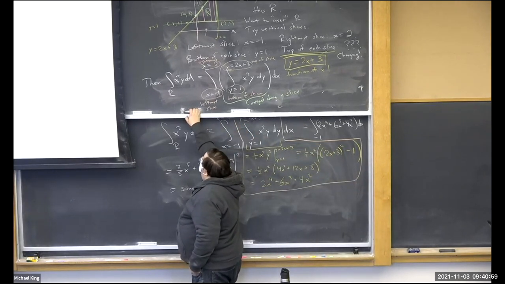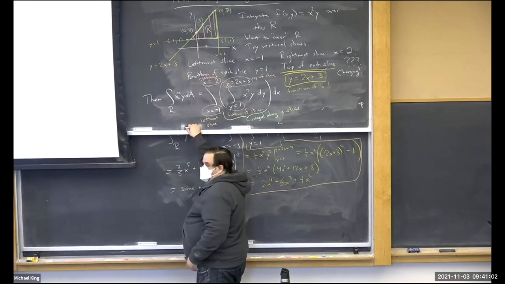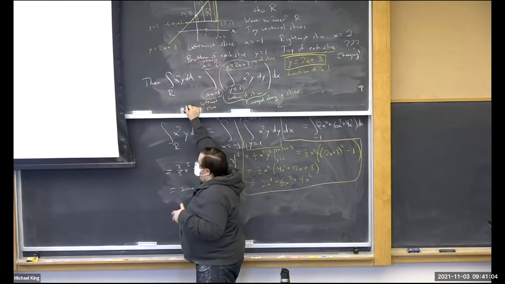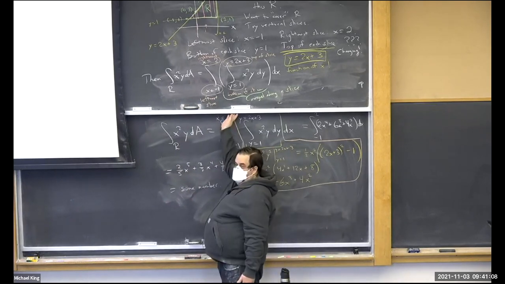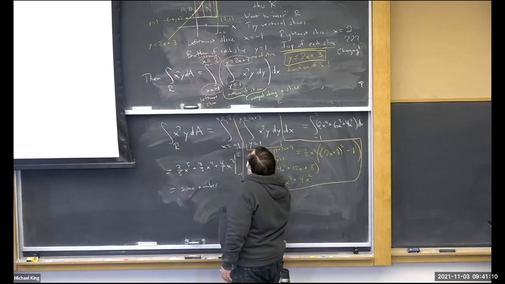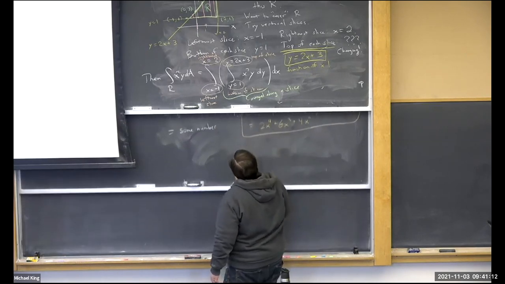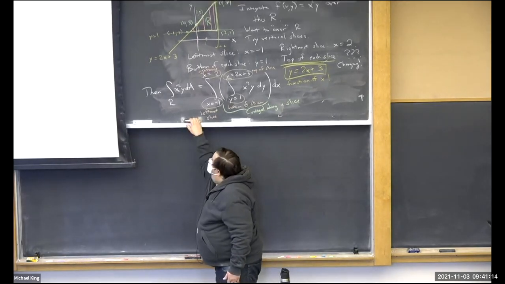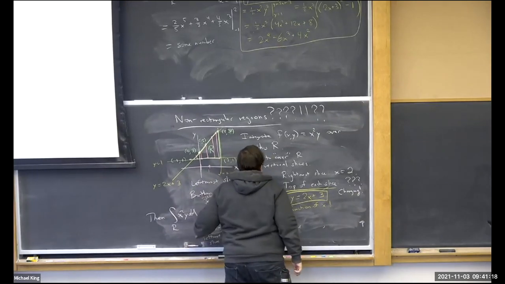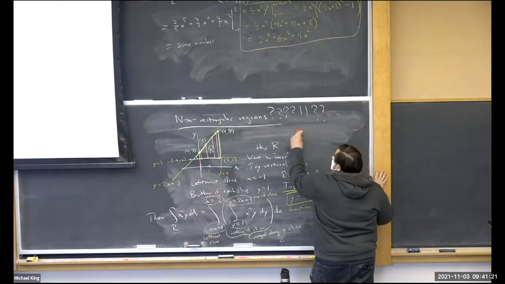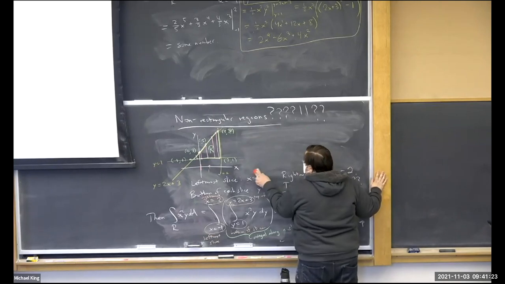Actually, let's not actually do the integral, but let's set up the integral with horizontal slices also. Let's think about how we would set this up with horizontal slices. You could check on your own time if you want. You get the same answer either way, but those integrals get kind of nasty.